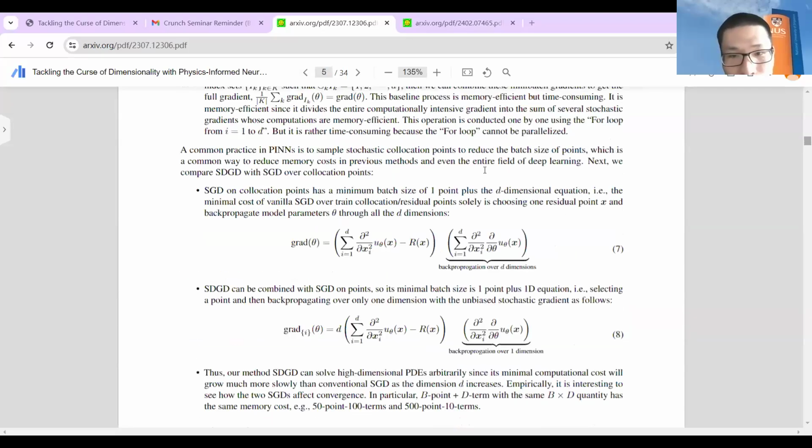During preparation, I was considering that we may not have time, but I will find these results as soon as possible. You have time. Yes, I have downloaded my paper and I can share the screen now. So this is our paper, the SDGD paper.